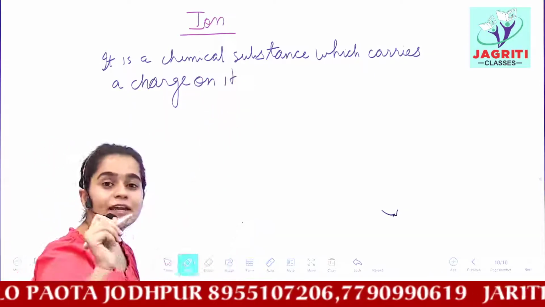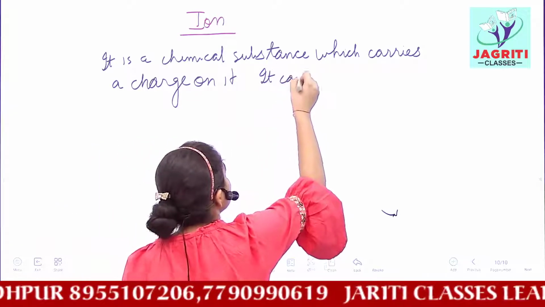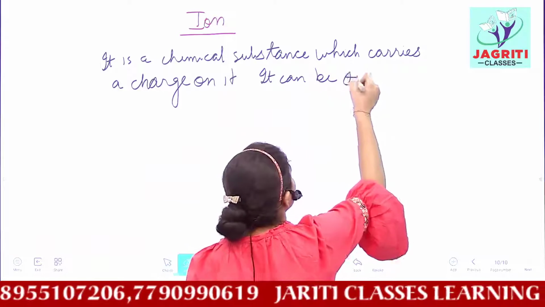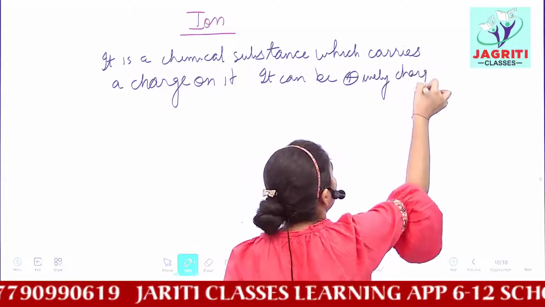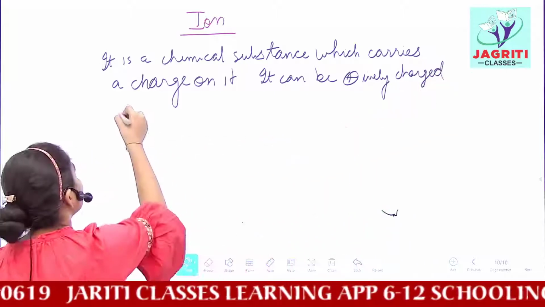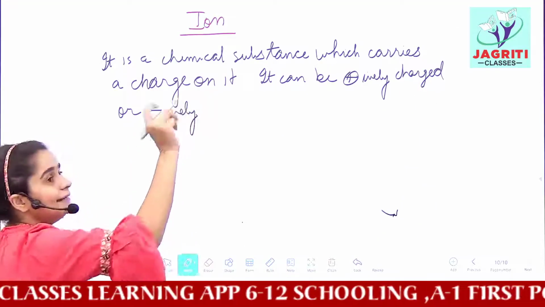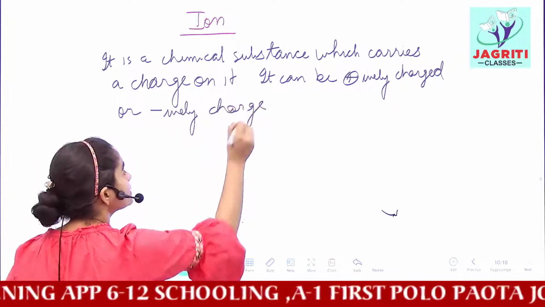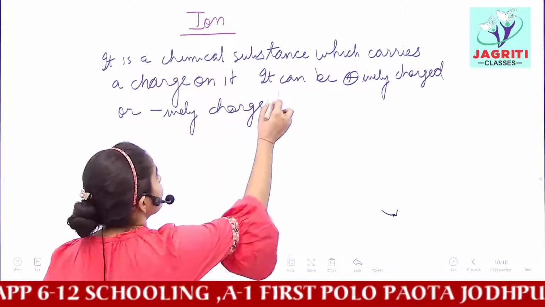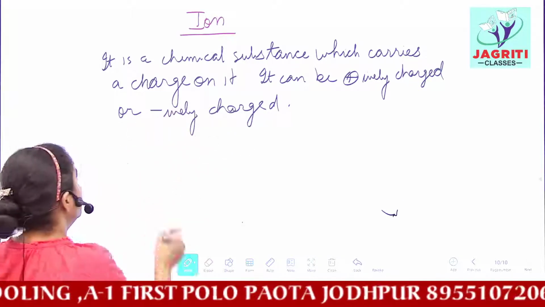The charge carried may be positive or negative. It can be positively charged, or it can be negatively charged. So anything which has a charge, and the charge can be plus or minus. So we are saying it can be a positively charged ion or a negatively charged ion.